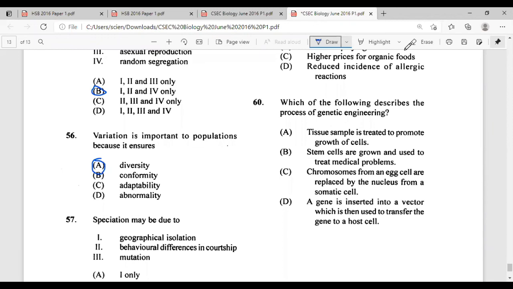So we have A, tissue sample is treated to promote cells. B, stem cells are grown and used to treat medical problems. C, chromosomes from the egg cells are replaced by the nucleus from a somatic cell. D, a gene is inserted into a vector, which then is used to transfer the gene to a host cell. So the answer is definitely D.